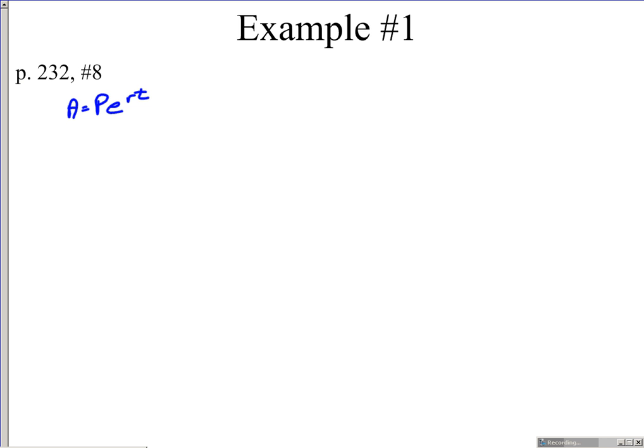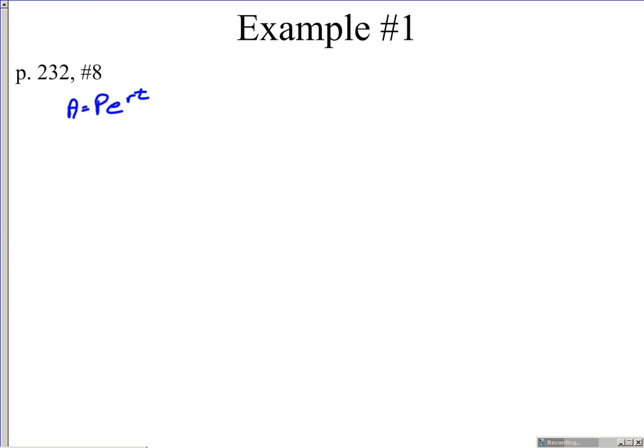In Problem 8, we are given the principal amount invested is $2,000. We are given the annual rate of percent, which is 1.5%. We are asked to find the amount of time it takes for this amount of money to double and the amount in the account after 10 years.